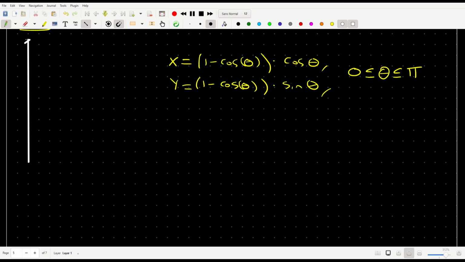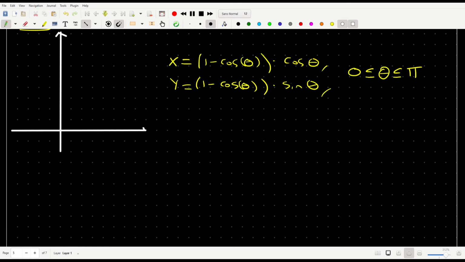So I'll draw a little picture here just to show what's going on. You remember that at theta equals 0, cosine of 0 is 1, so 1 minus 1 is 0, and sine of 0 is also 0.